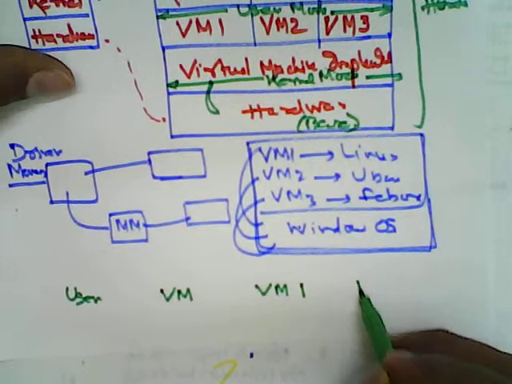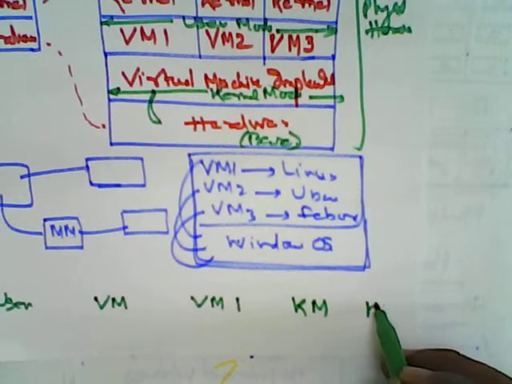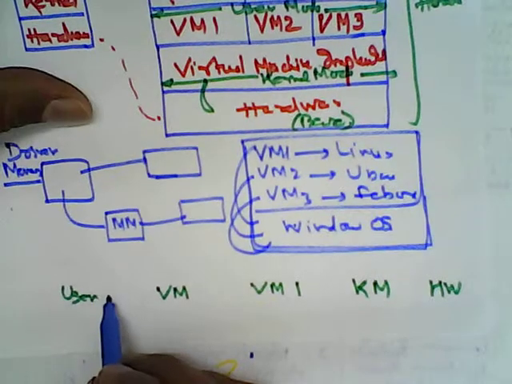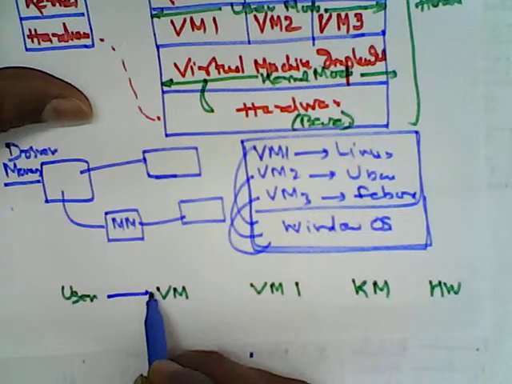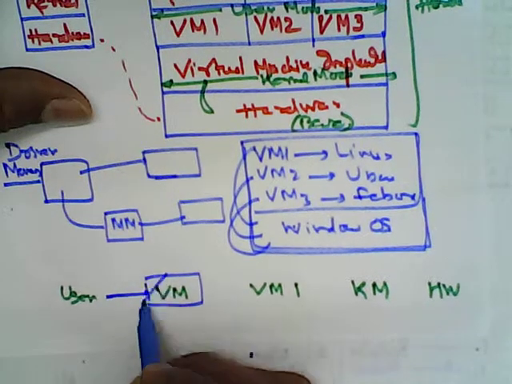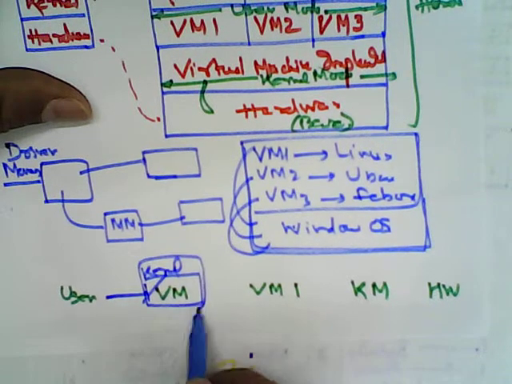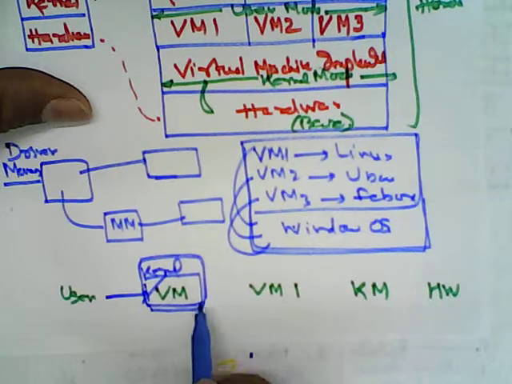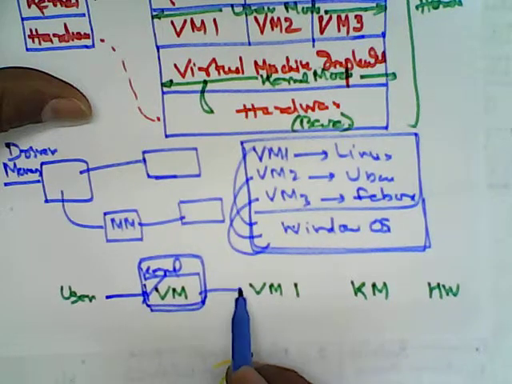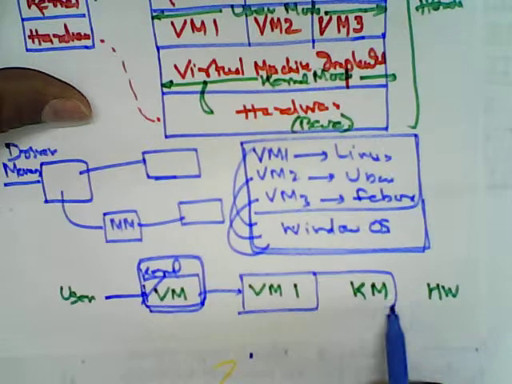Now here the user is requesting, so the virtual machine is also having a kernel, a separate kernel. This kernel will manage the virtual machine's memory, and it will interact with the virtual machine interface, which is already having a kernel mode. So this kernel is also associated with this particular case.